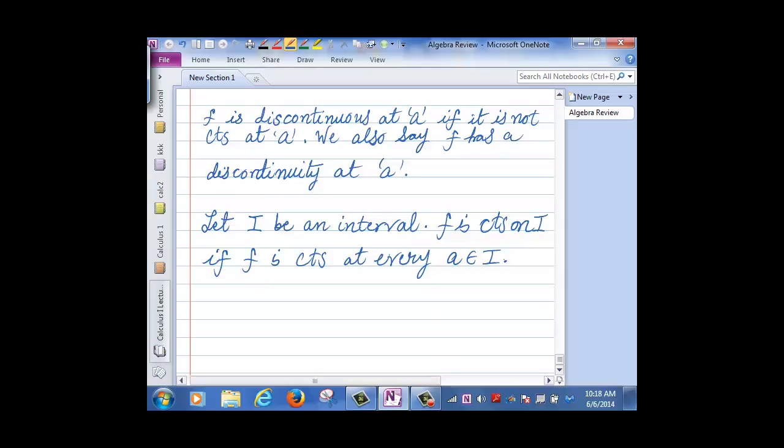So when we say that f is continuous on an interval I, it means that f is continuous at every single point in that interval, okay?